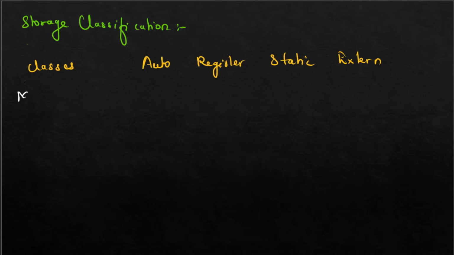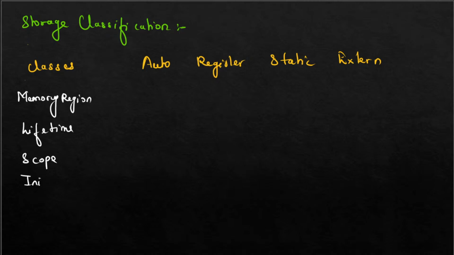Here we have memory region, lifetime, scope, initial value, and declaration, which you should know.